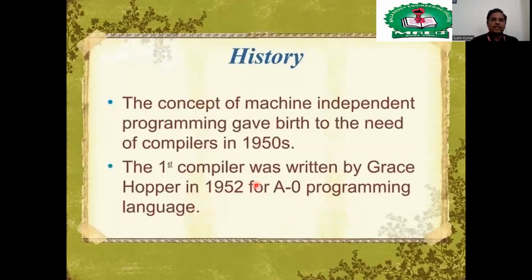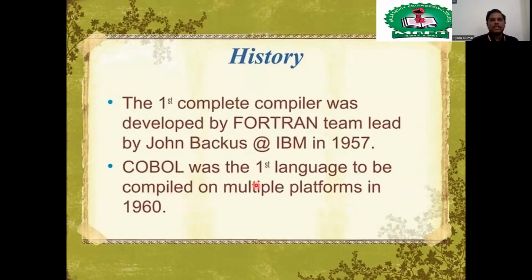So the concept of machine independent programming gave birth to the need of compilers in the 1950s. The first compiler was written by Grace Hopper in 1952 for the A-0 programming language. And the first complete compiler was developed for Fortran.